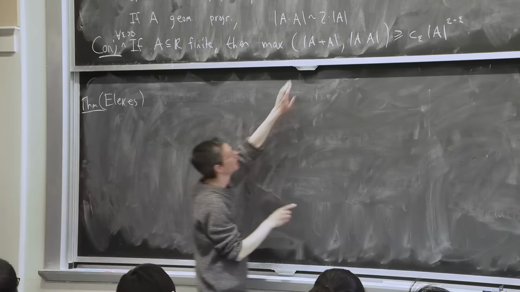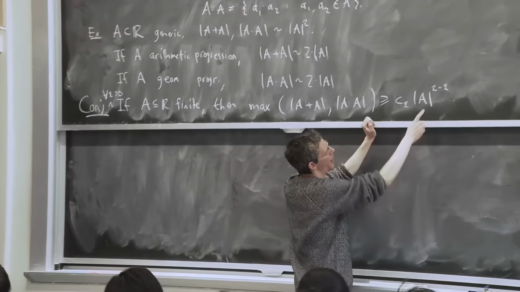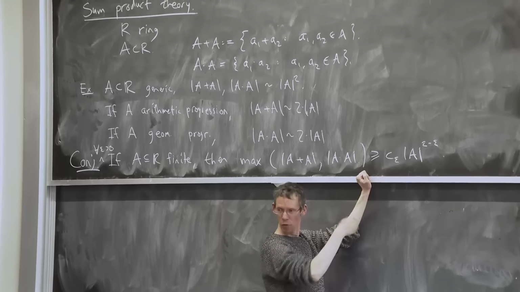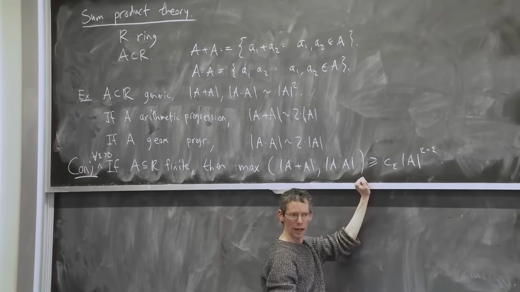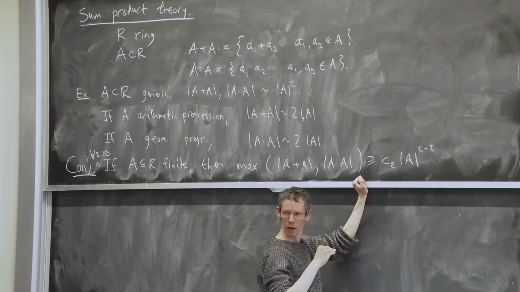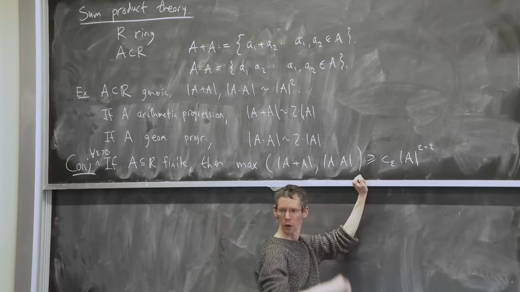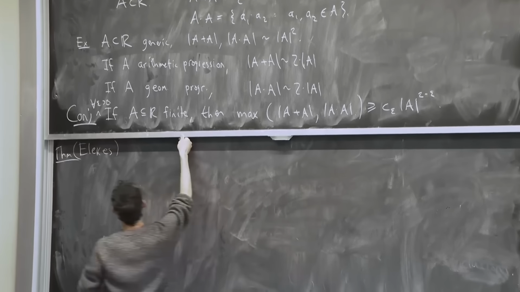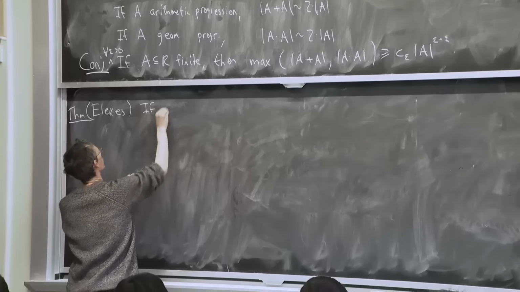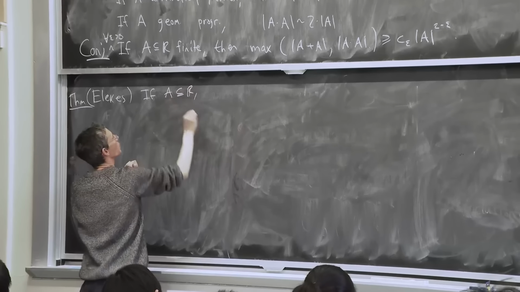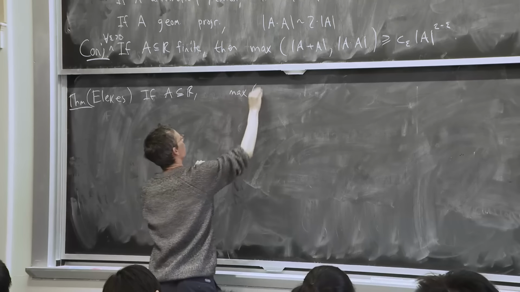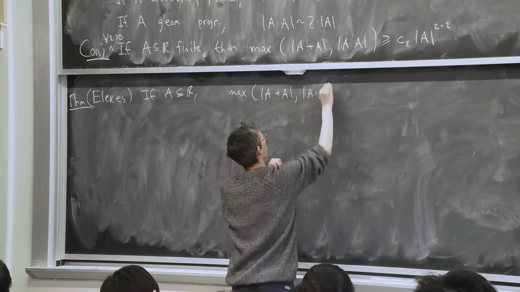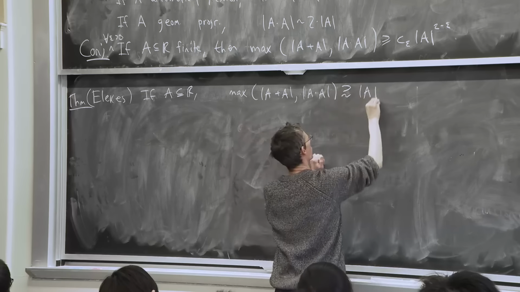We can't prove the conjecture, but any exponent here that's bigger than 1 would be non-trivial, and we can prove it with exponents bigger than 1. Historically, there was a big jump in the quality of the exponent when Elekes proved this theorem: if A is a finite subset of R, then the maximum of A plus A and A times A is at least A to the 5 quarters.